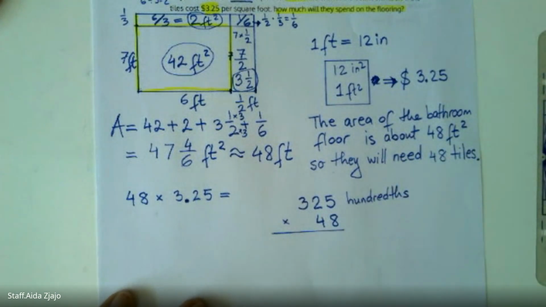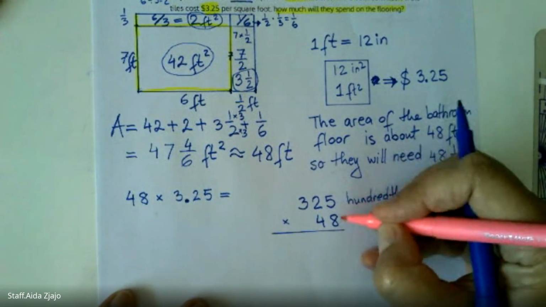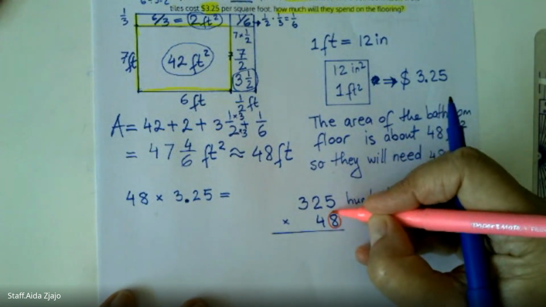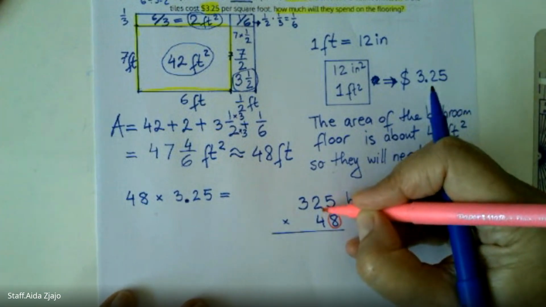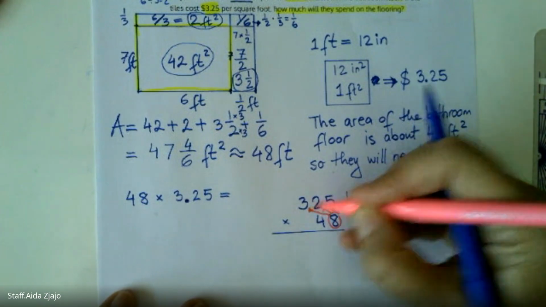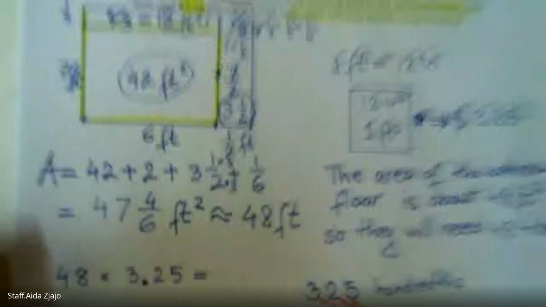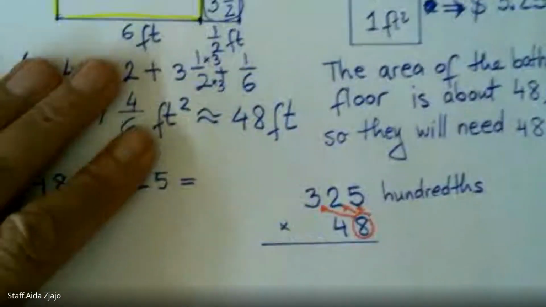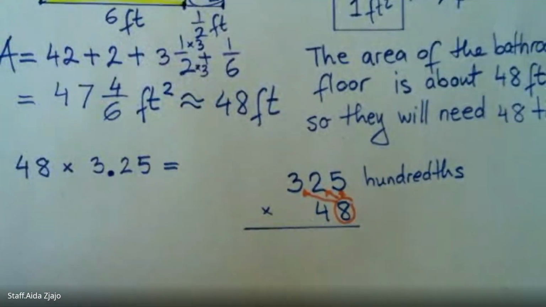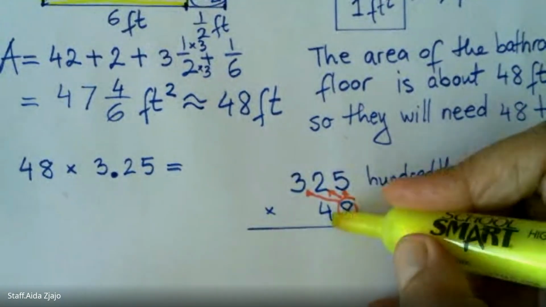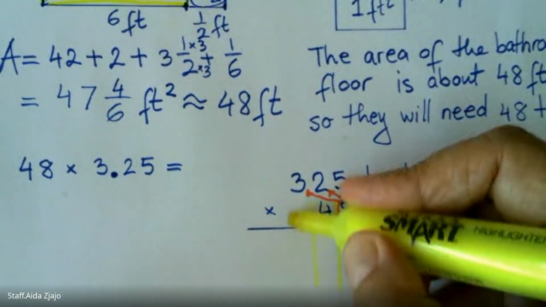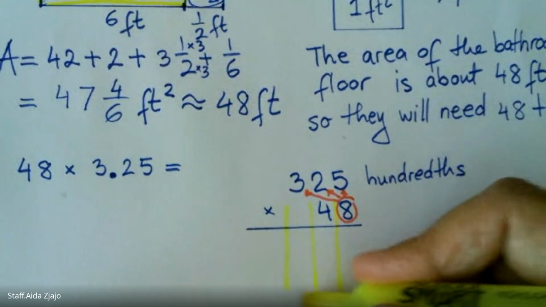First the ones times tens and hundreds. I like to use a highlighter so I can be precise.